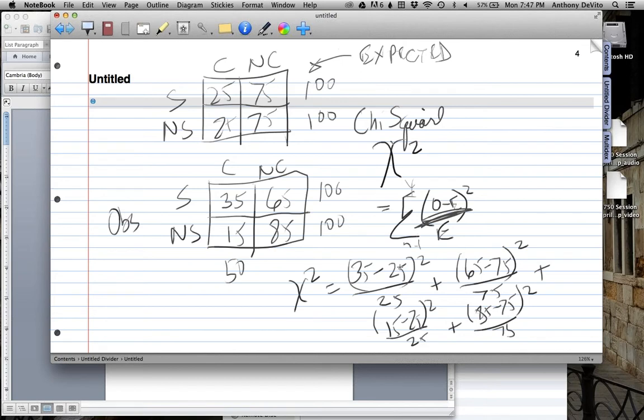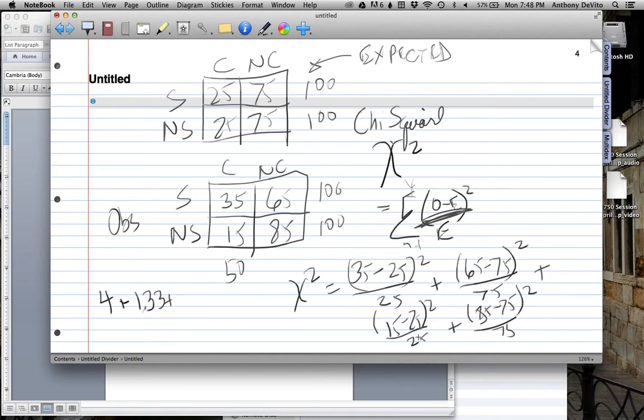Okay, so let's see what I got here. 35 minus 25 is 10. Squared is 100 over 25. That's 4. Plus 65 minus 75, that's 10. Squared is 100 divided by 75. 100 divided by 75 is 1.33. Right? Everybody agree with me so far? 15 minus 25 is 10.